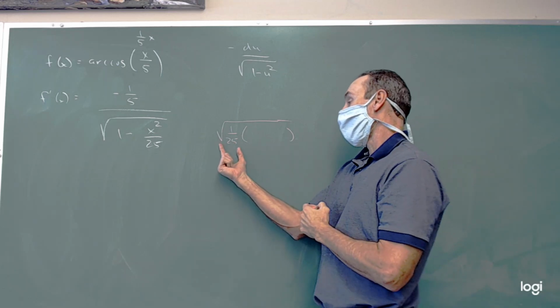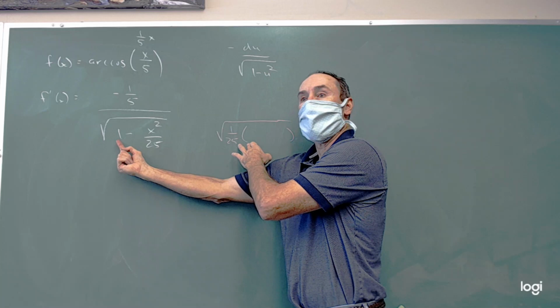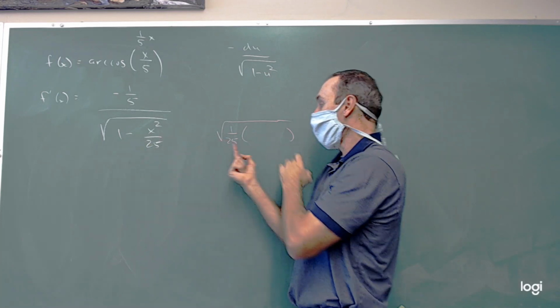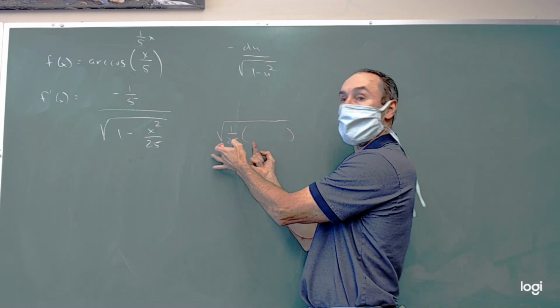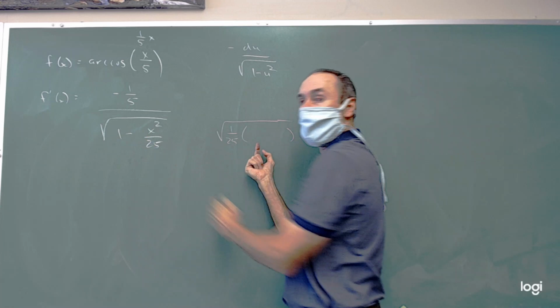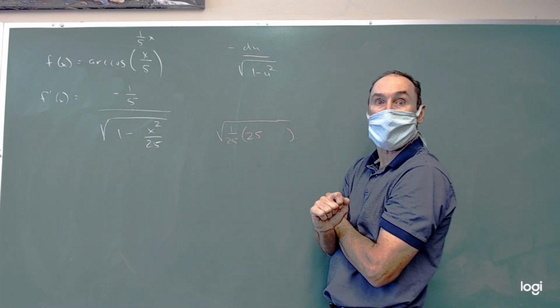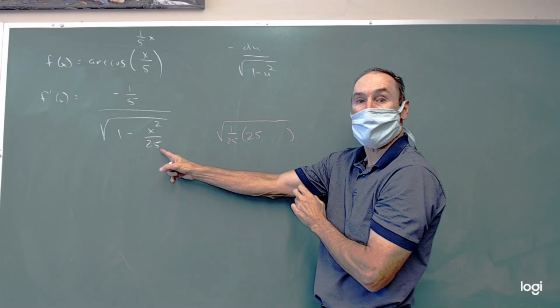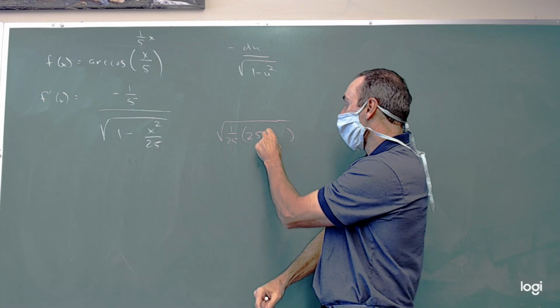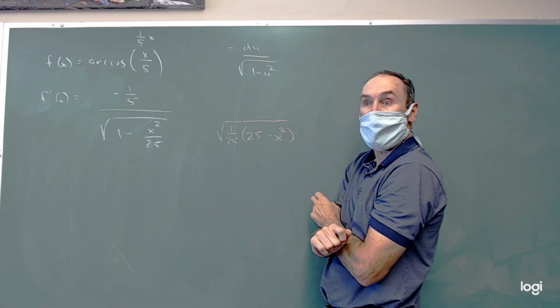Now, when you factor out a 1/25, you are dividing by that 1/25, so this 1 is going to become 25, because 1/25 times 25 will take us back to that 1. So that's going to make that 1 into a 25. When we factor out the 1/25 here, what's left is just the x squared. That's so far okay?